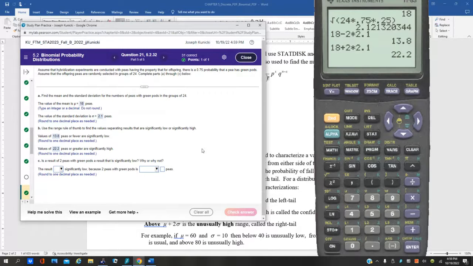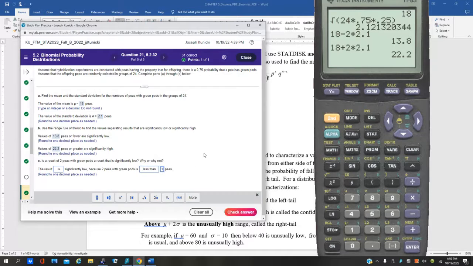Anything below 13.8, so from 0 to 13, is significantly low, and 23 or 24 is significantly high. Remember now, the number of successes can only go between 0 and 24 because n is 24. So the result is significantly low because 2 p's is less than 13.8.